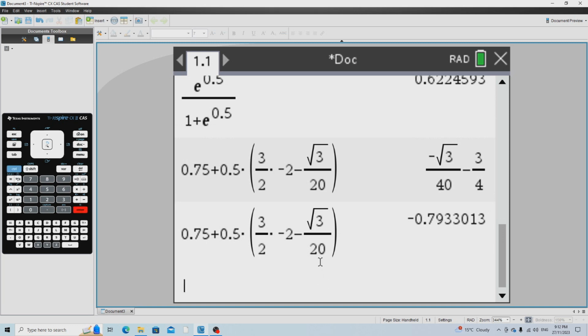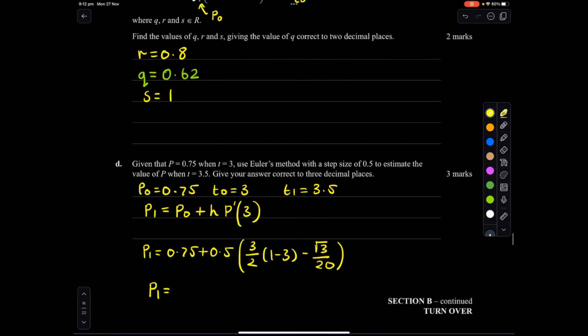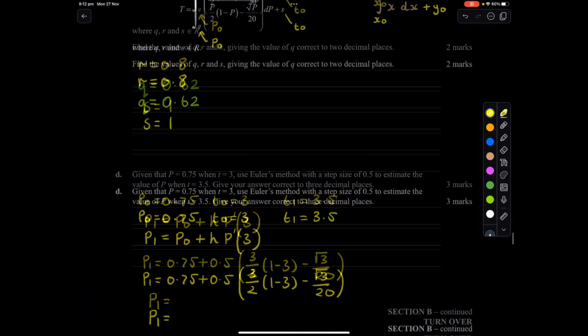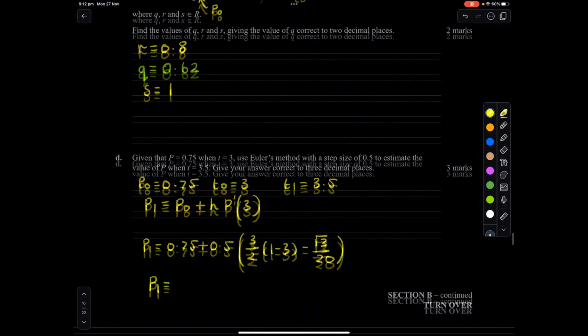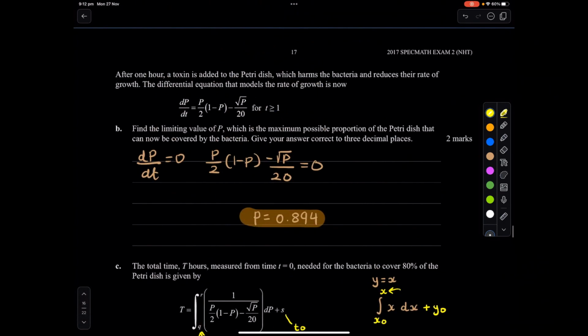Oops. What have I done here? Have I done anything wrong? Did I mess up something? Well, I think I've just written the algebra wrong. Let me write the P here.